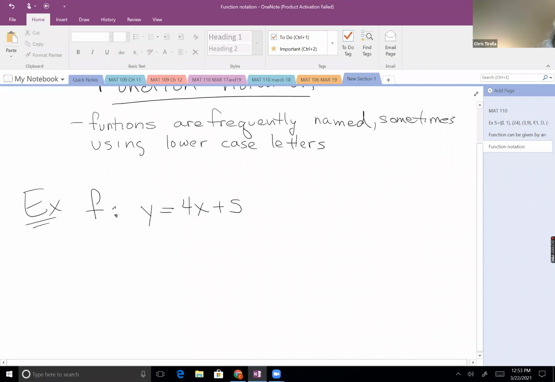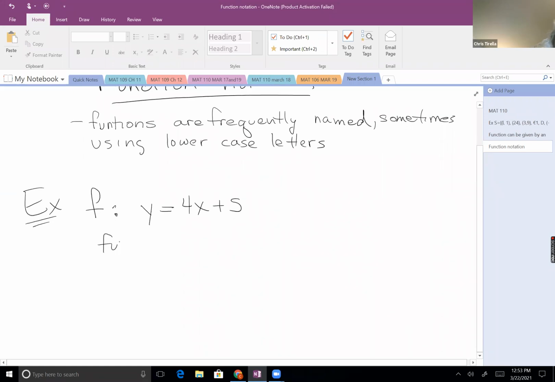With function notation, I'm going to say that f followed by x with parentheses is y. This is read as f of x, and f of x is just another way of writing y.